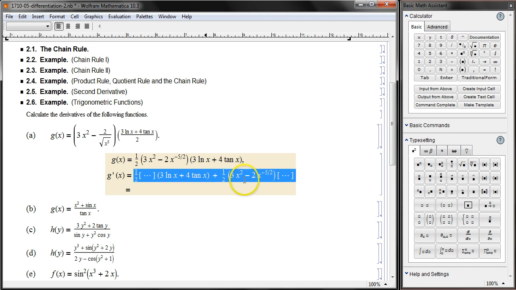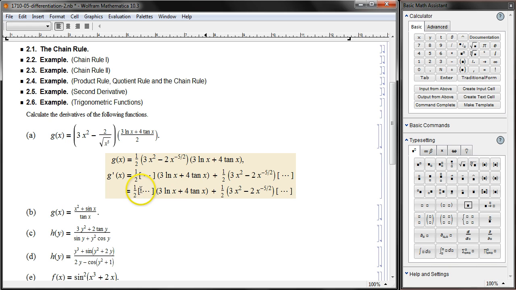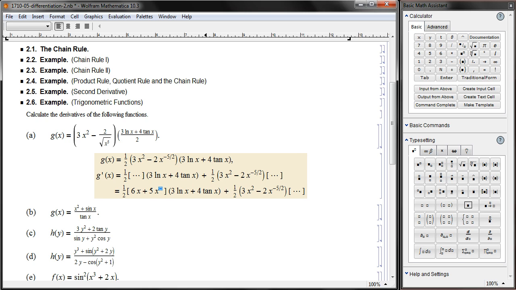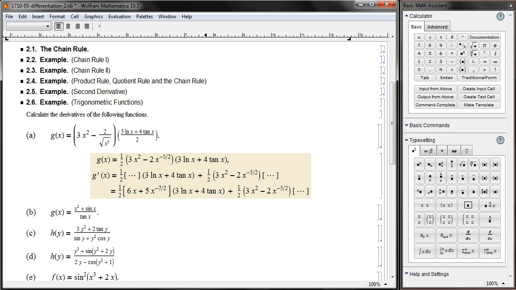Okay, let's finish this problem. The derivative of the first function. How to take the derivative of this? 6x, plus, because multiply by negative 5/2, and x to what power? Subtracting 1 from the power, what do you get? Negative 7/2. Did I do this right? Negative 2 times negative 5/2 becoming positive 5. I guess I did it right.